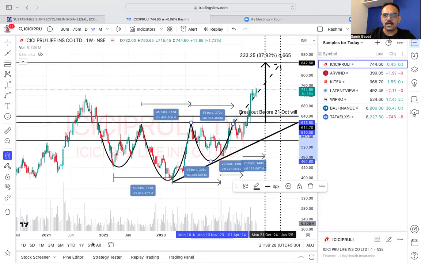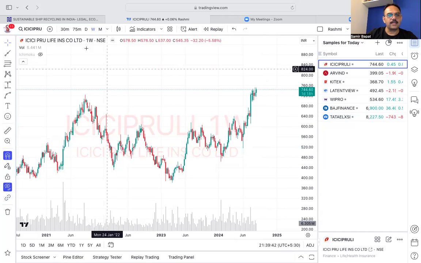So now, first of all, the first example which I have readily available with me is the ICICI Prudential life insurance example. Now, if you see here, this is a weekly chart.